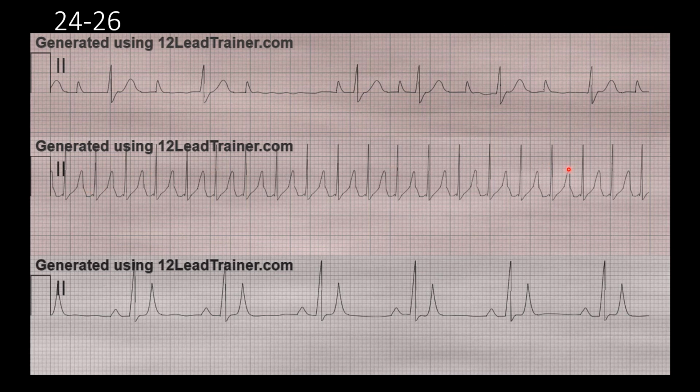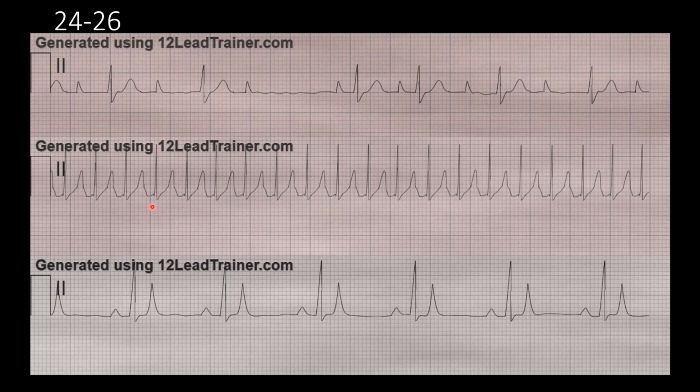Down here, this looks pretty regular, as most super fast rhythms do. Our rate is between 300 and 150. And if we count using the multiplication method, 1, 2, 3, 4, 5, 6, 7, 8, 9, 12, 13, 14, 15, 16, 17, 18, 19, 20, this says a rate of 200.